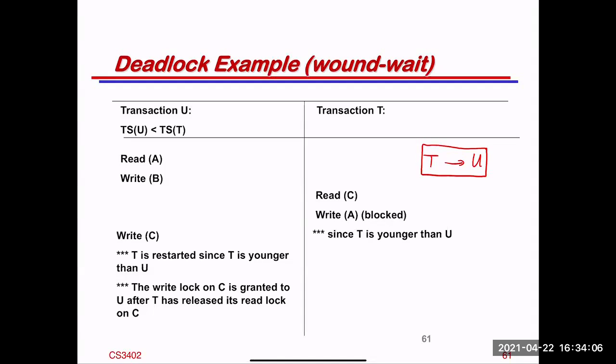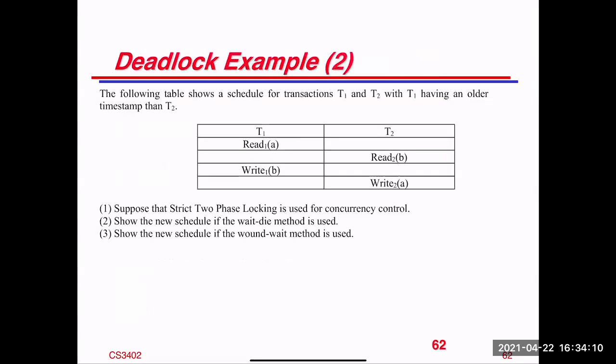Good. Let's move on. All right, and since we are not having any more tutorials, since this is actually our last lecture, let's do one more example of such a schedule. So here we have a schedule for two transactions, T1 and T2, and we're assuming that T1 has an older timestamp than T2, right?